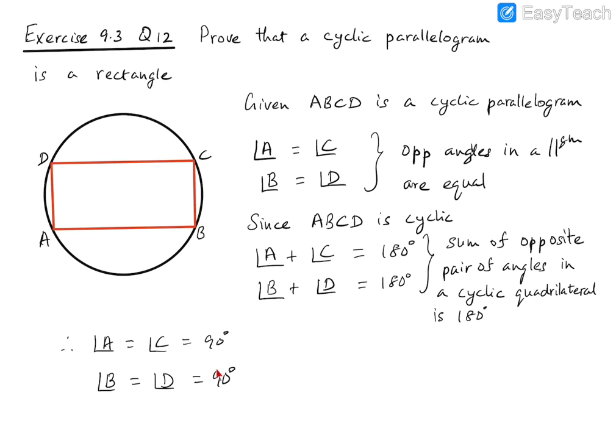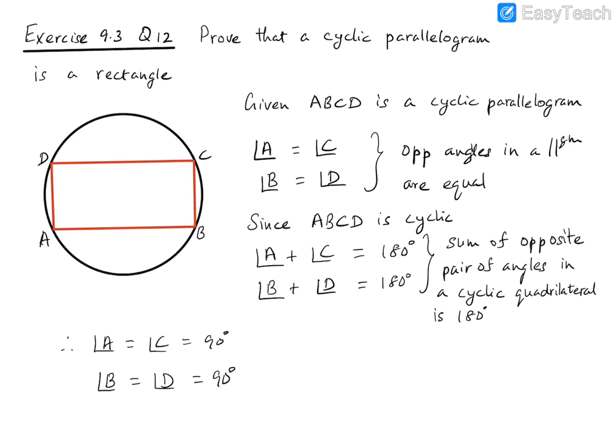So 90 plus 90 degrees is 180 degrees. So we have both the angles to be equal, and their sum is also equal to 180 degrees. So now we have shown that the ABCD is a parallelogram in which all the four angles are 90 degrees. And we know that if a parallelogram has all four angles equal to 90 degrees, it is a rectangle.